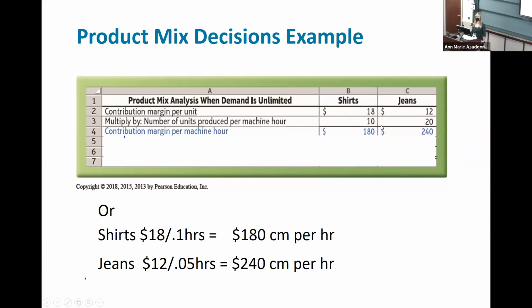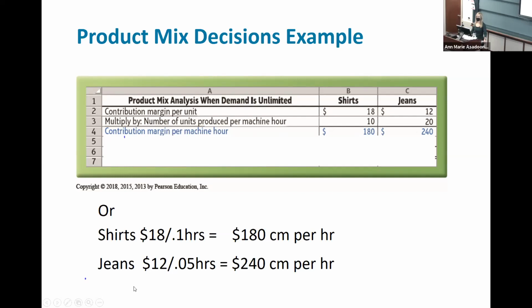When I'm giving you the units that you can make, you can multiply that by the units to get the margin you're going to get for that machine hour. And same thing here with jeans. You have a margin of 12, but you're able to make 20 of them. So the total margin you're going to get is $240 per machine hour.